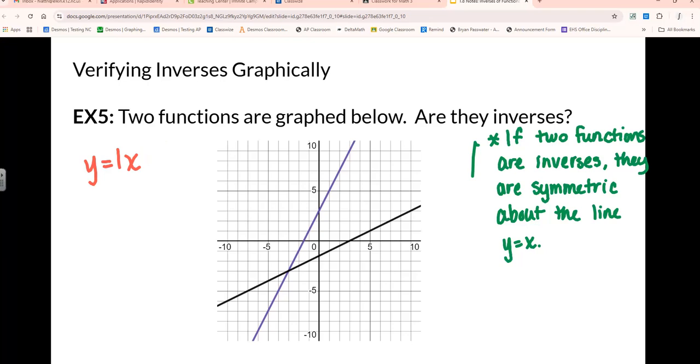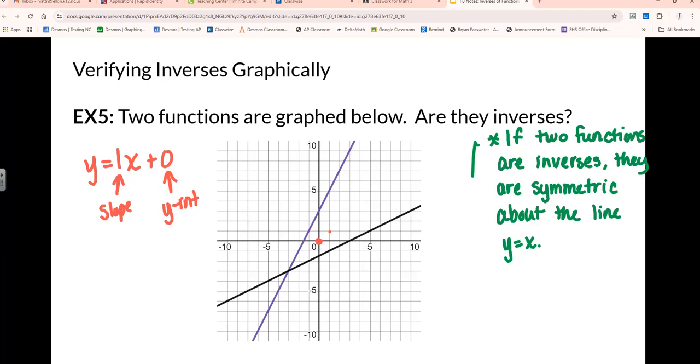There's not a number behind it. There's no b. What number could I add right here? I could add a 0 and it'd still be the same, right? So it has a y-intercept at 0, so that means it goes through the point 0, 0. And it has a slope of 1.